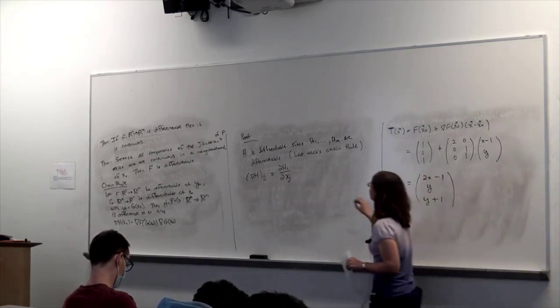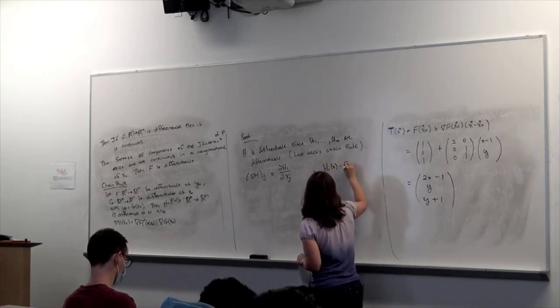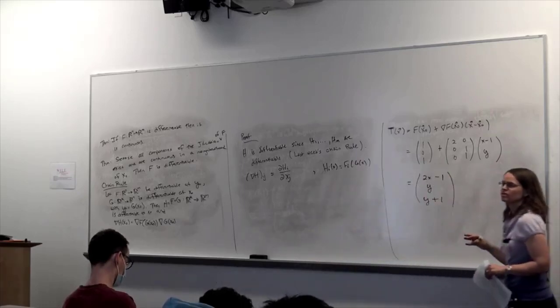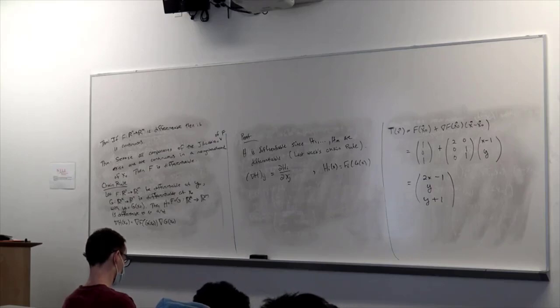Just recall off to the side here, hi of x is fi of g of x. And this is scalar valued, which means everything we know about scalar valued functions is fair game.